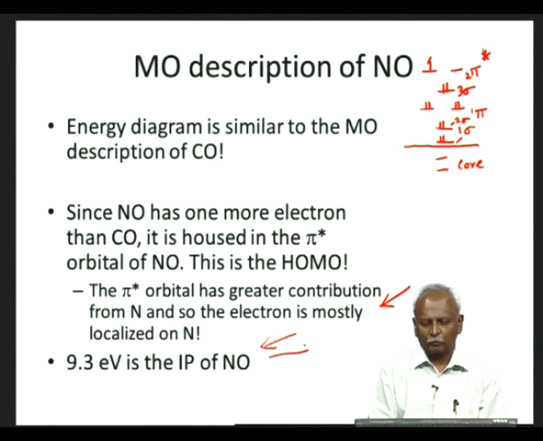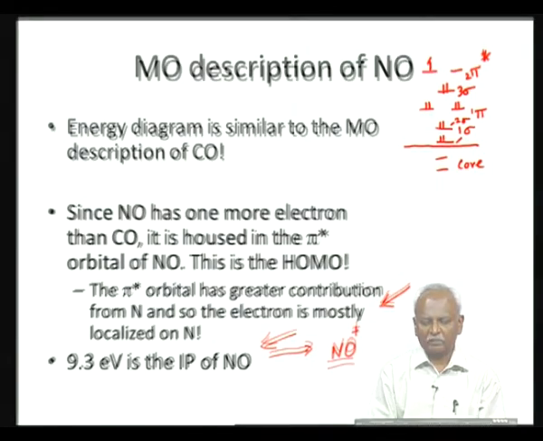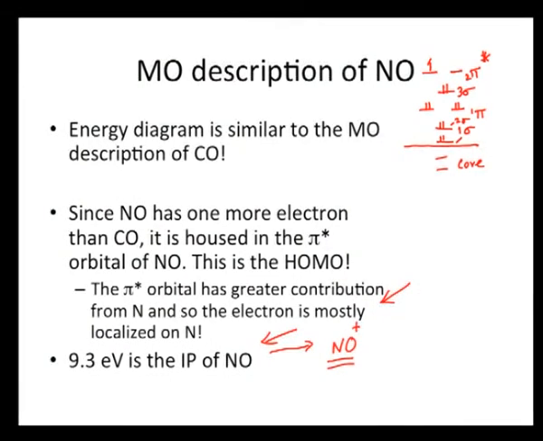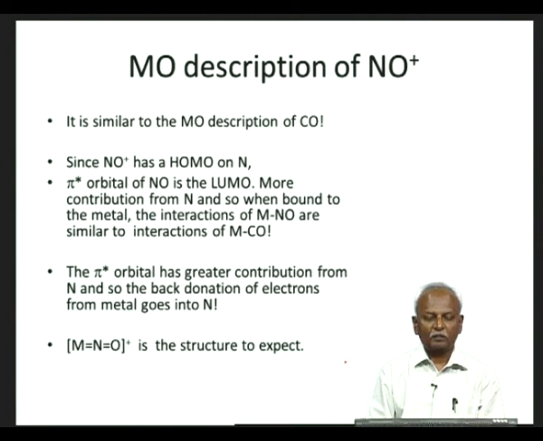So, the ionization results in the formation of NO plus, which is the molecule of interest, because now NO plus is isoelectronic to carbon monoxide. After ionization, the NO plus has a HOMO which is completely on nitrogen, and it is a sigma orbital.